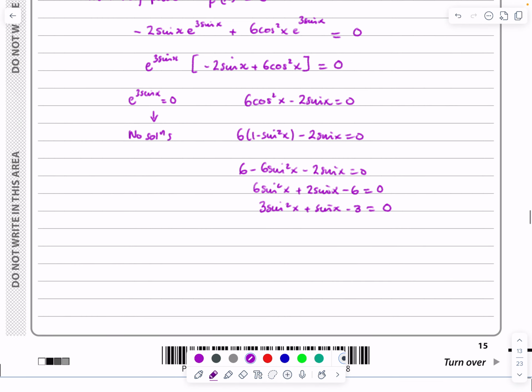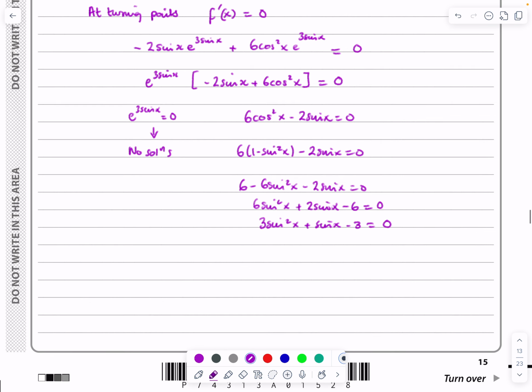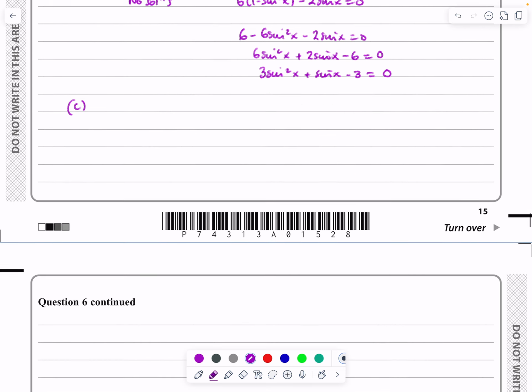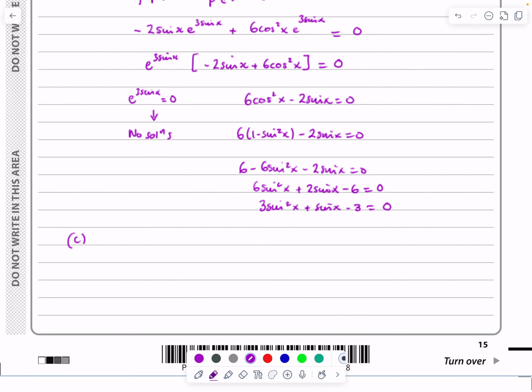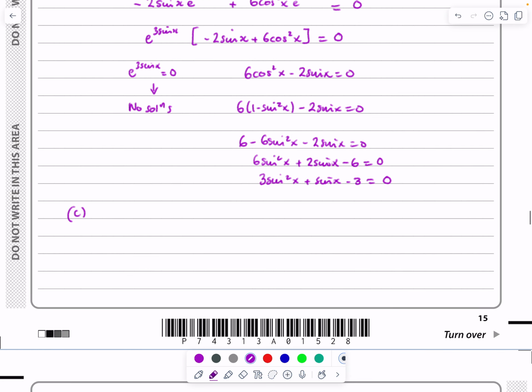But let's go ahead and do that. So this is part C, solving this quadratic then. And that's simply going to be by sticking it into the quadratic formula. So to stick it into the quadratic formula, we're going to say sine x is equal to minus b plus or minus the square root of b squared minus 4ac all over 2a.